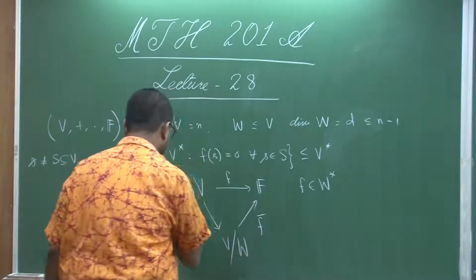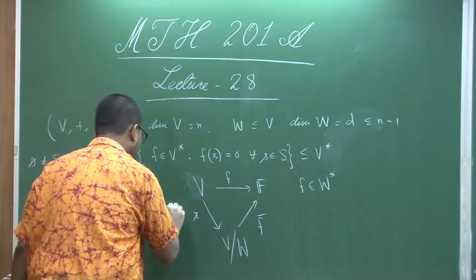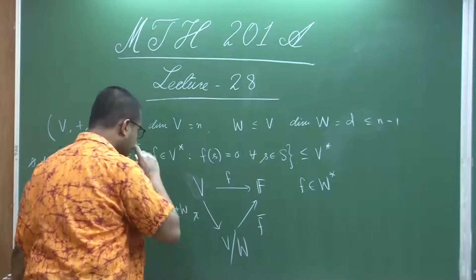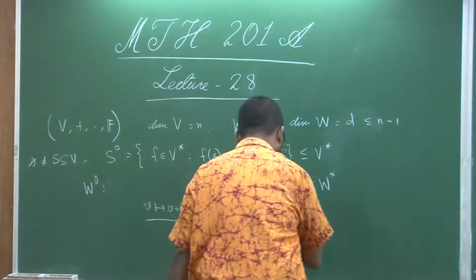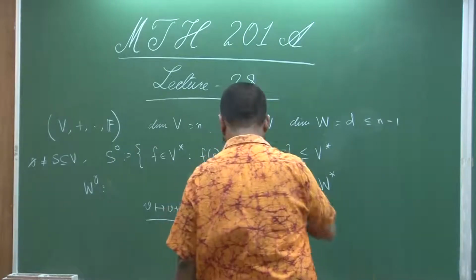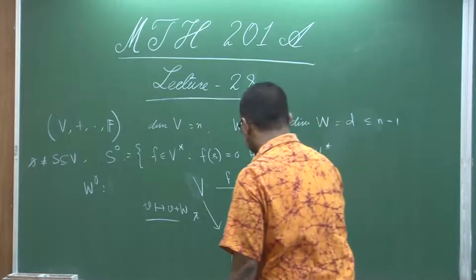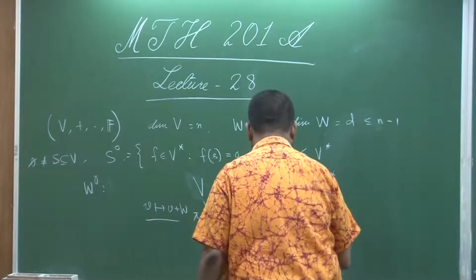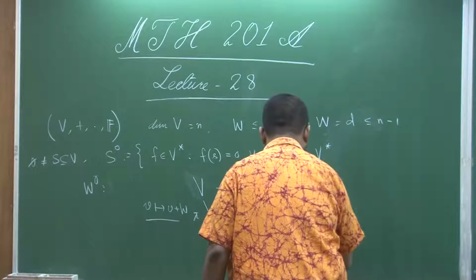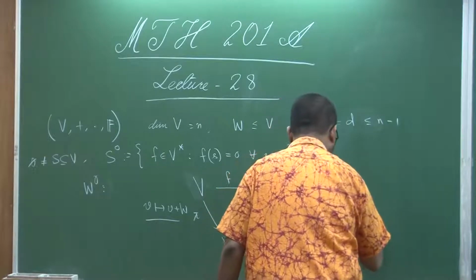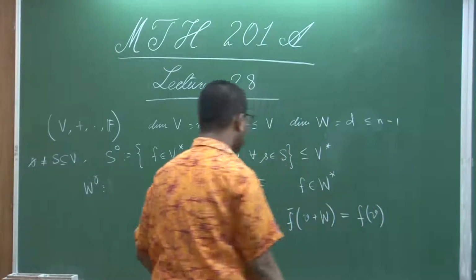So, this is the projection map phi that sends every v to v plus W. And how is f bar defined? Let me first write, then it will be more clear to you. f bar of v plus W, we define it by f of v.